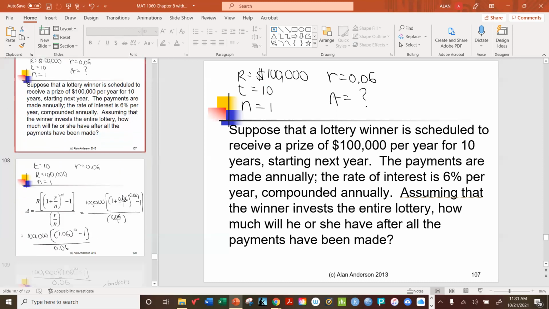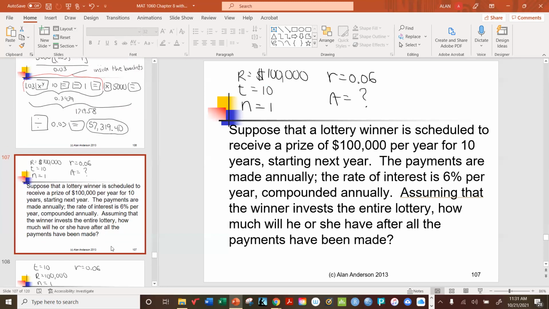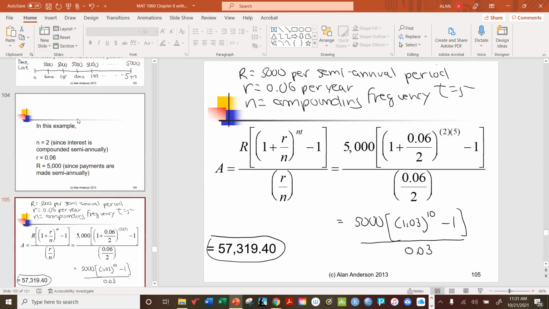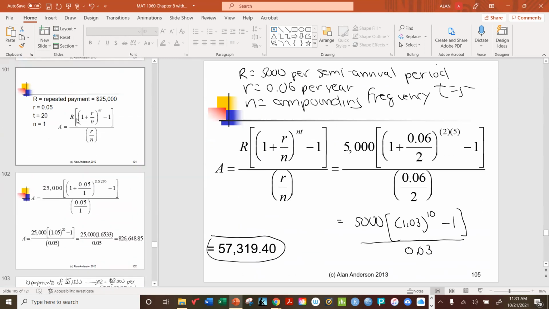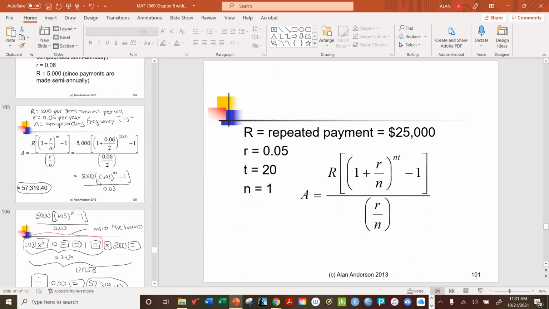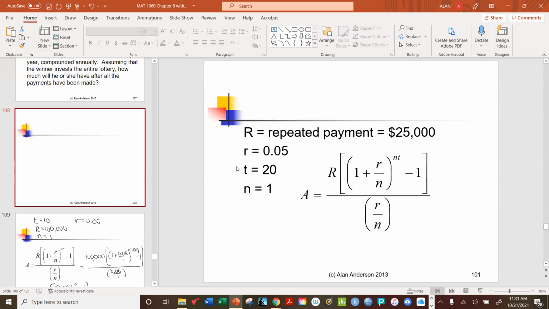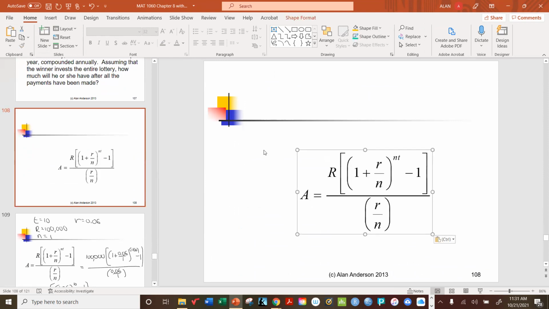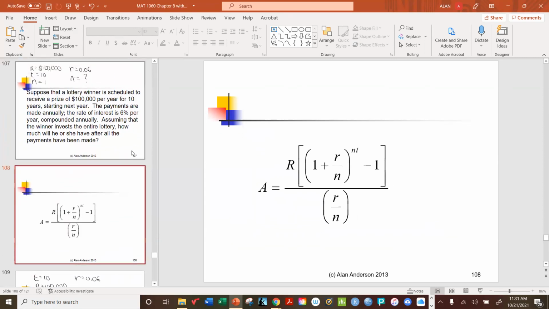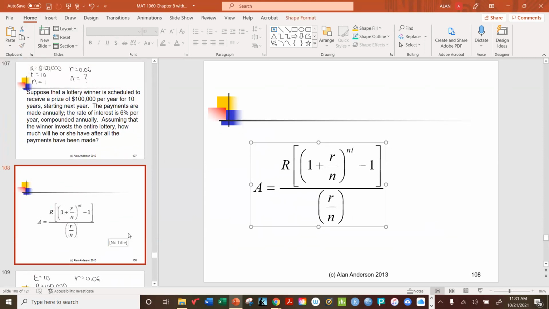All right, so I'll tell you what, now that we're getting pretty good at this, I'm going to challenge you to figure this out on your own. Let me go grab the formula again. Now, of course, I have the solution right here, but I want to see if you can do this. Let me just repeat these numbers. R is 100,000.